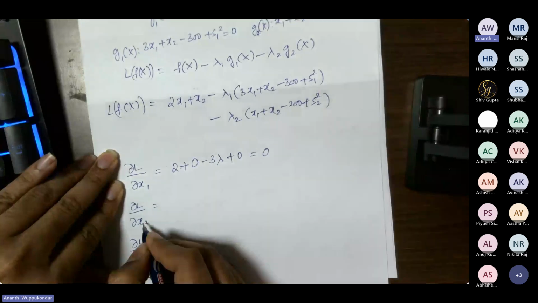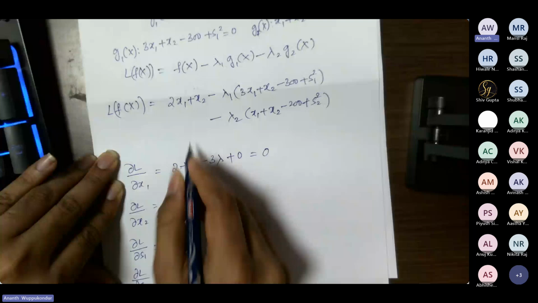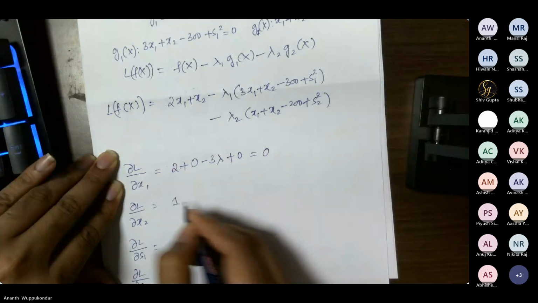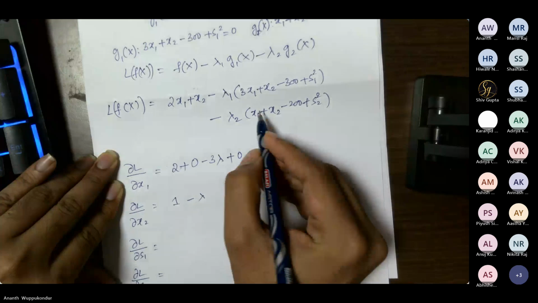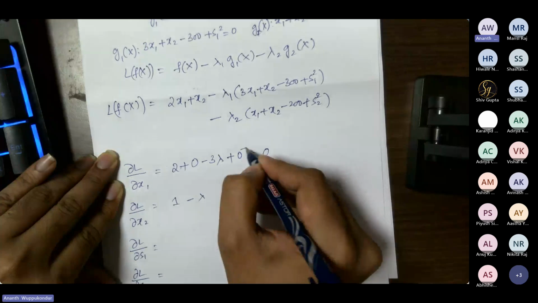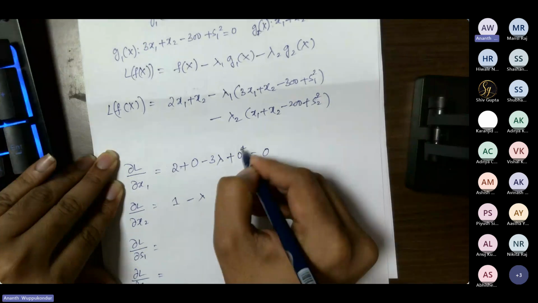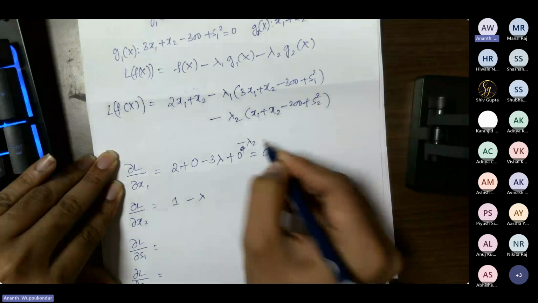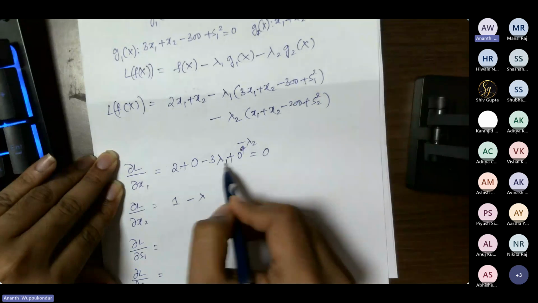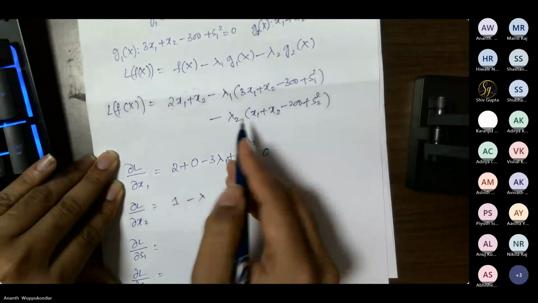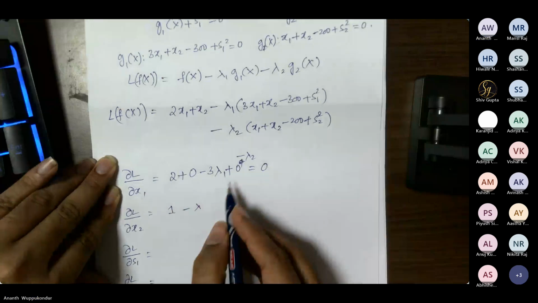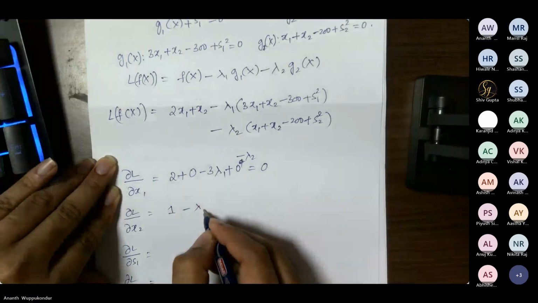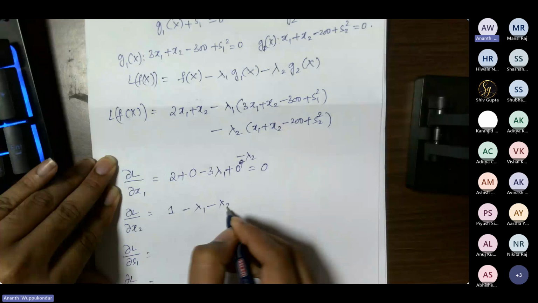And if I differentiate with respect to x2, then that becomes 1 minus lambda 1 minus lambda 2 equals to 0.